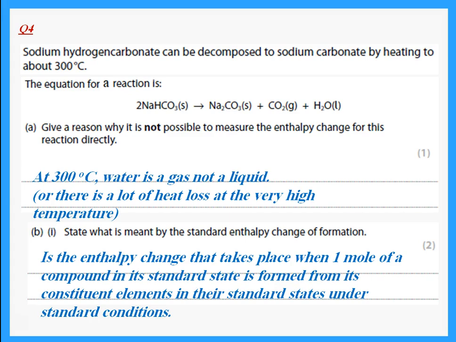When 1 mole of a compound in its standard state is formed from its constituent elements, because we're talking about formation. And the elements are in their standard states under standard conditions. So this is the definition for an enthalpy change in general and then specifically for formation.